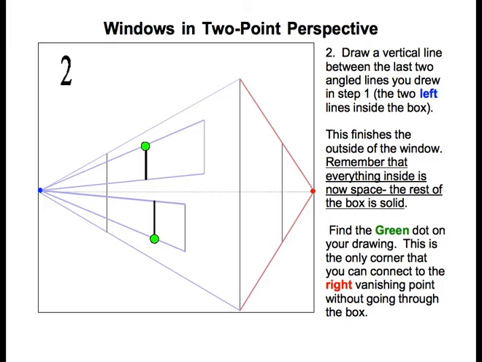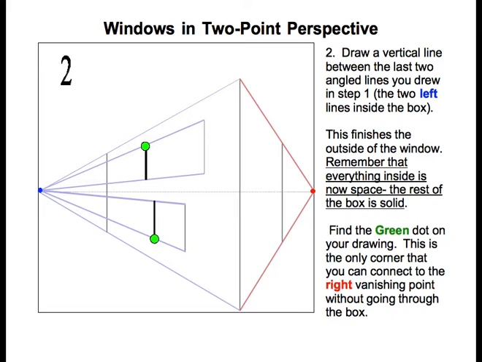Draw a vertical line between the last two angle lines you drew in step 1, the two left lines inside the box. This finishes the outside of the window. Remember that everything inside is now space. The rest of the box is solid.